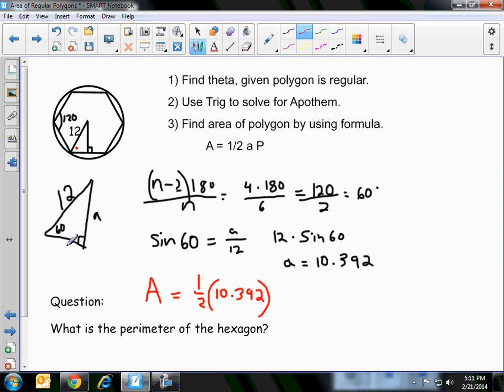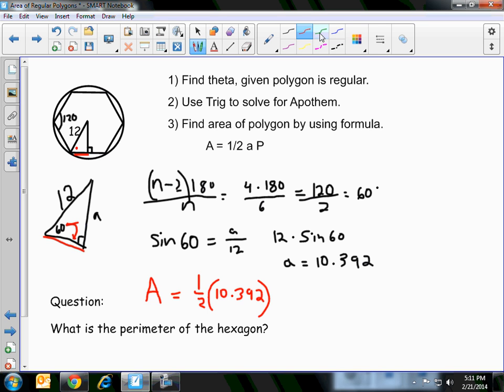So I'm going to have to find this side length, this portion right there, because that's going to be multiplied by 2, which then I can multiply by 6 to get the perimeter. All right, so let's do that. I don't need the apothem here. I'm going to actually use my hypotenuse and my adjacent.